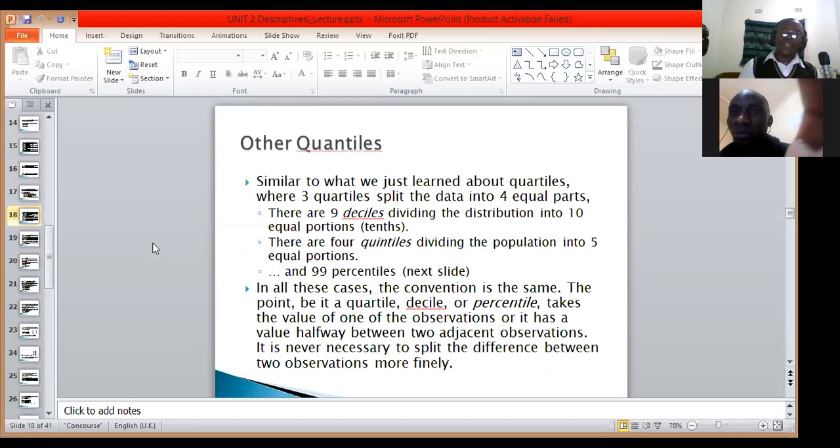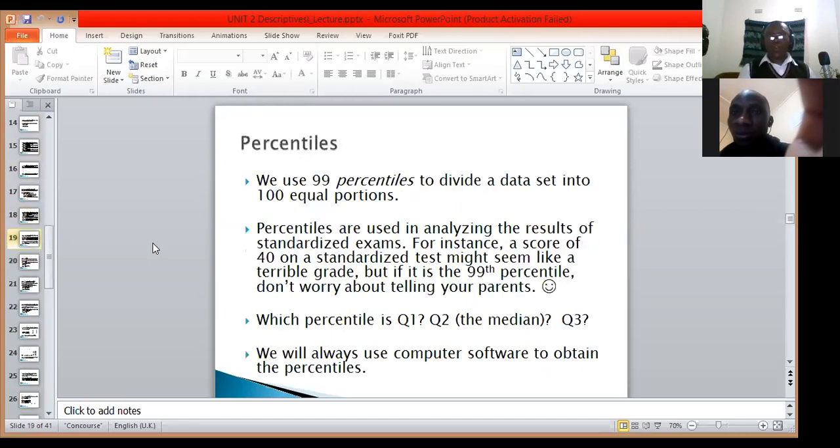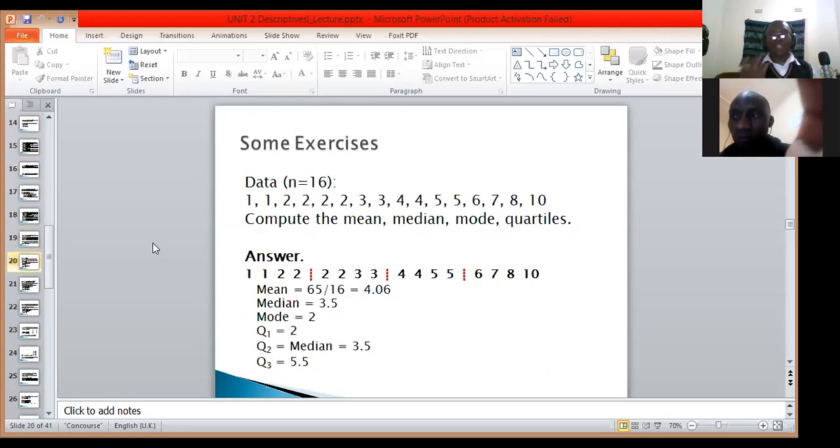The problem that we are going to have is that a quartile is not 25%. So 3/4 is not 75%.